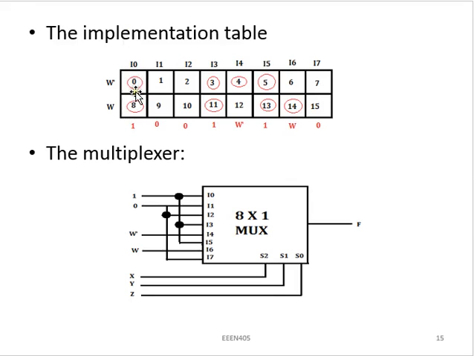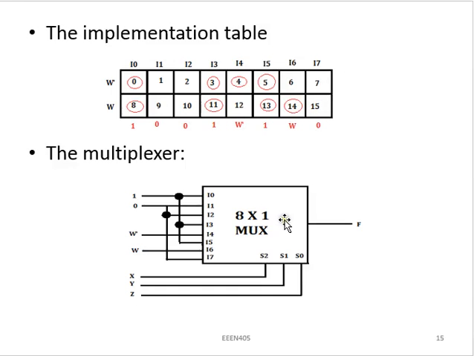Here you can see that both of them are cycled, I will have 1. The column of I1, none is cycled, I have 0. Next one, none is cycled, I have 0. And if you come to I3, all of them are cycled, I have 1. If you come to I4, 4 is cycled and it is under W prime, I have W prime here. Here everyone, I have 1. Here I have 14 under W, and here none of them, I have 0.